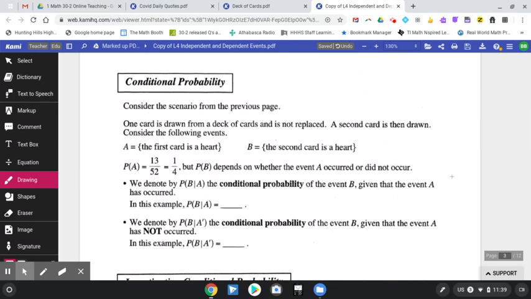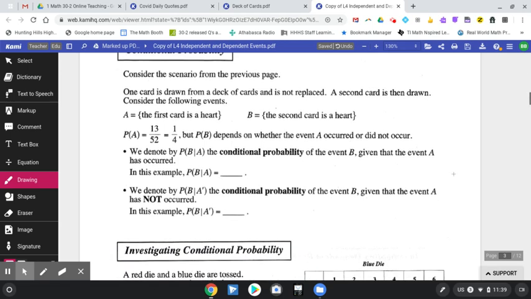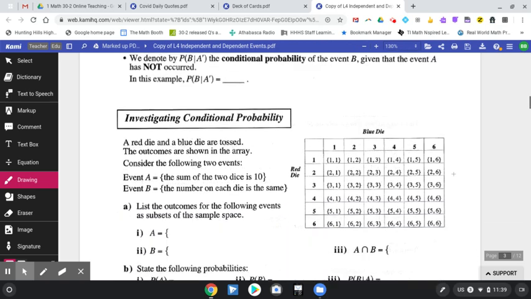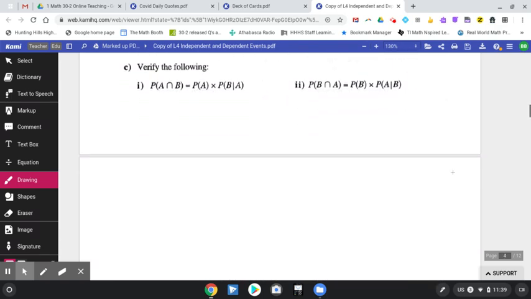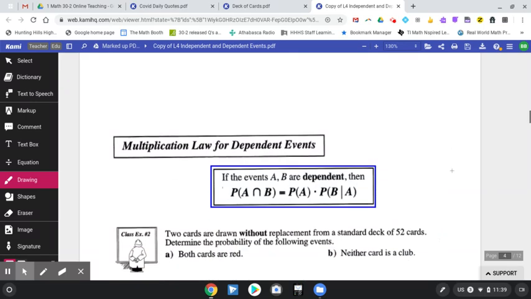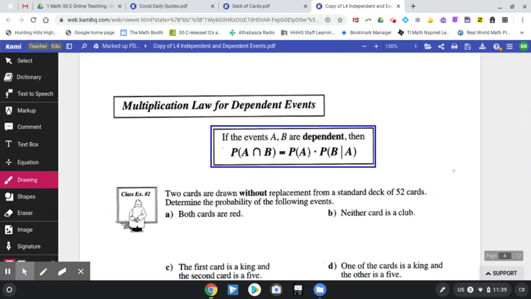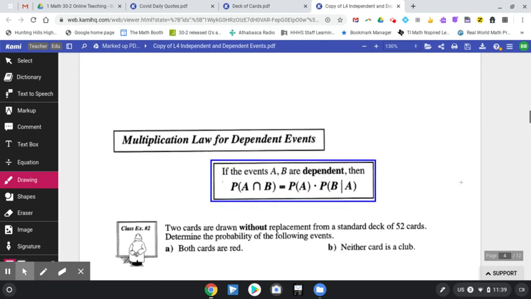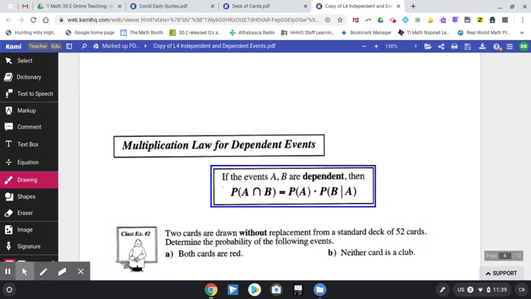Now, this next page is all about conditional probability, which we're going to leave for now. And we're going to move on here to the multiplication law for dependent events. So I want to start off by reminding you that you already know this little rule.